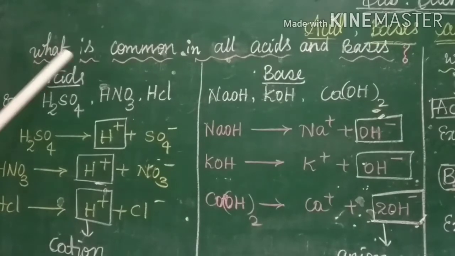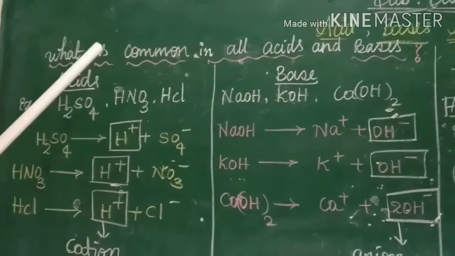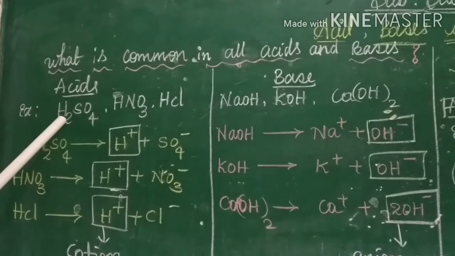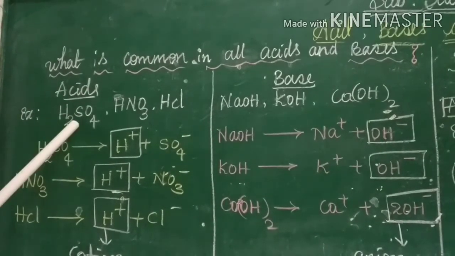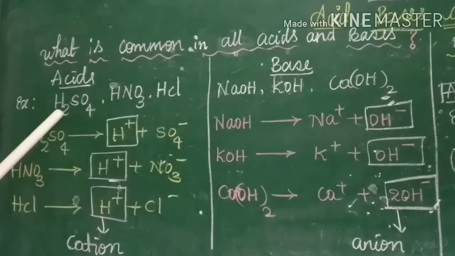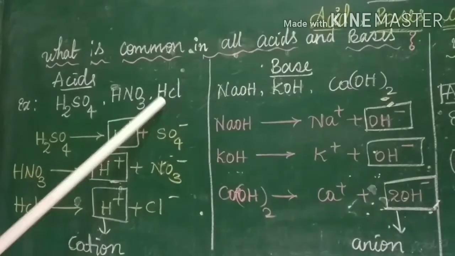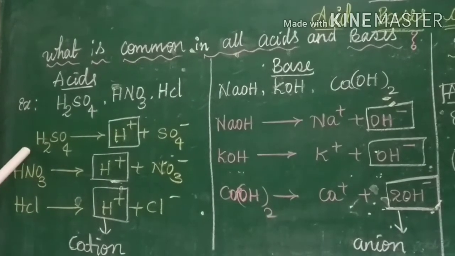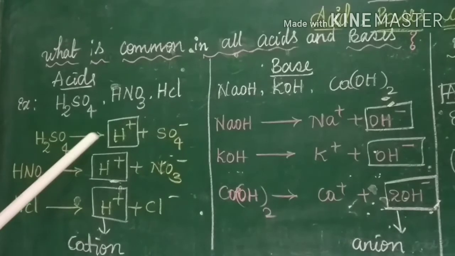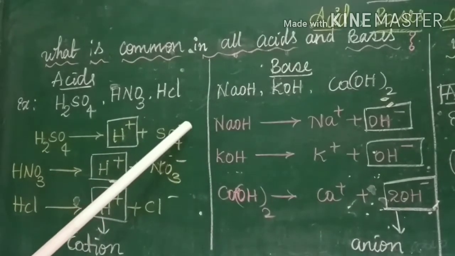Next is what is common in all acids and bases. Now let us take examples for acids such as H2SO4, HNO3, HCl, named as sulfuric acid, nitric acid, hydrochloric acid. This sulfuric acid is going to ionize to produce H plus ions and SO4 2 minus ions.